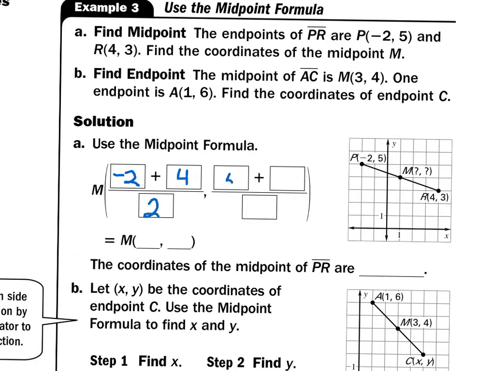Then add the y values, 5 and 3, and average them. 4 minus 2 is 2. 2 divided by 2 is 1. 5 plus 3 is 8. 8 divided by 2 is 4. So the midpoint is 1, 4. Do you see how that works out right? So you can always check these by plotting them and then finding the middle of that line.